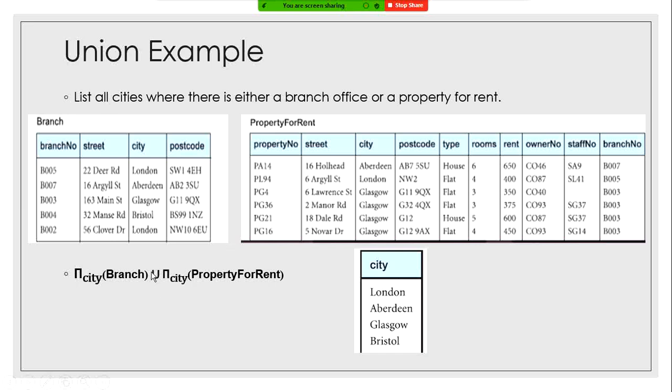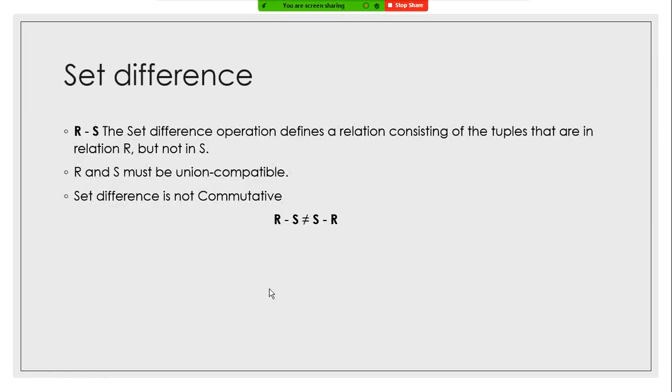We will write the expression with the project operation because we are just selecting one column from each table. So we have project city from branch and project city from property for rent, and then we have applied union between these two expressions.